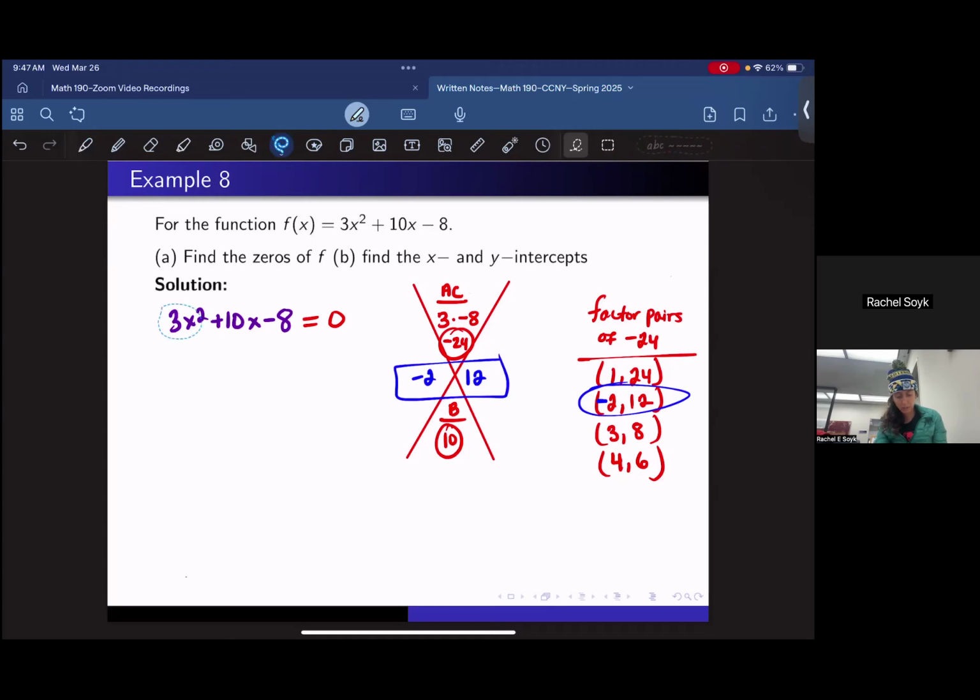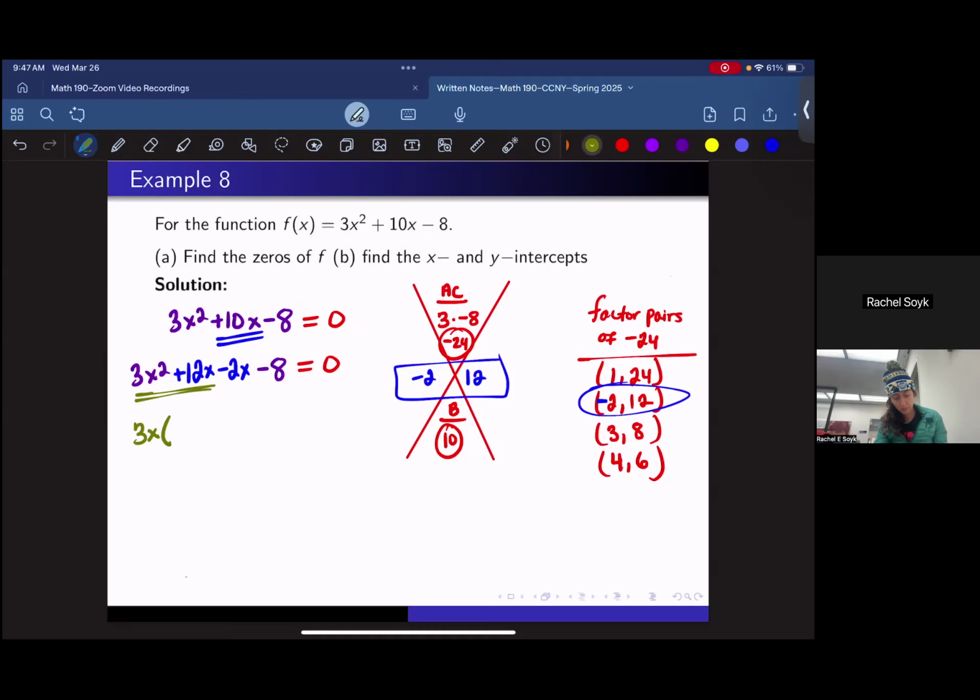Let's now jump into our setup to pulling out our greatest common factors and then jumping into our whole factor by grouping. We keep the first and last term the same. We manipulate that middle term 10x to be a plus 12x minus 2x. Pull out greatest common factors.